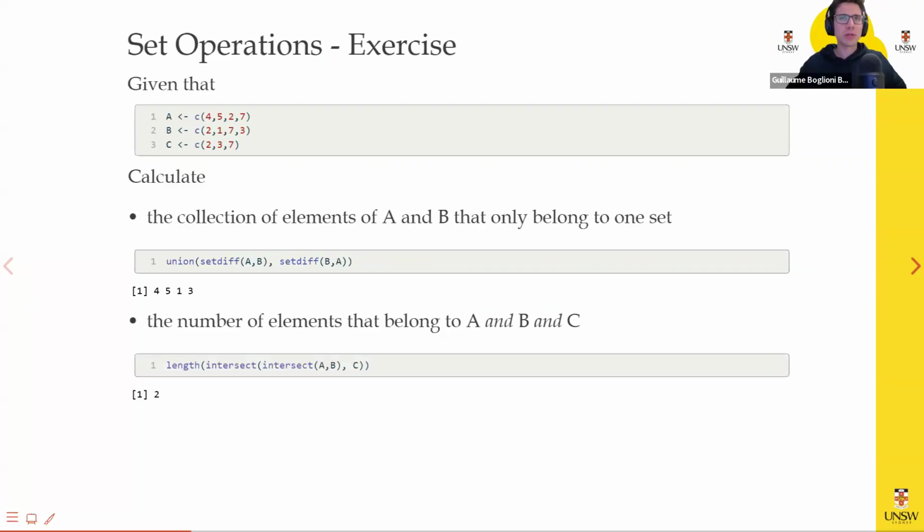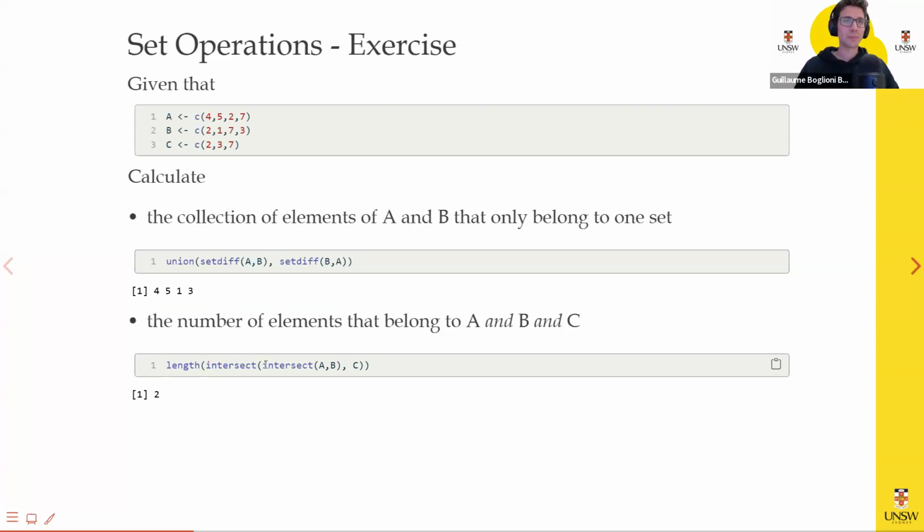As for myself, I'll just present the solution. There are two catches. The first one is that you want the number of elements, so you don't want the list of elements. You want to know how many there are. So you need to use length of a specific vector. But this vector is obtained by, in essence, an intersect embedded in another intersect.